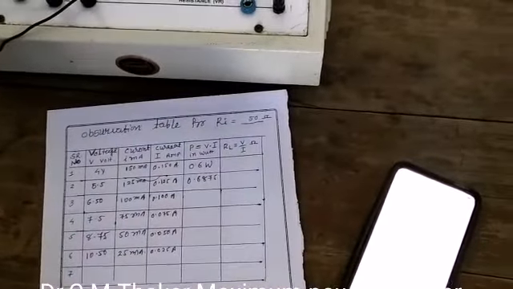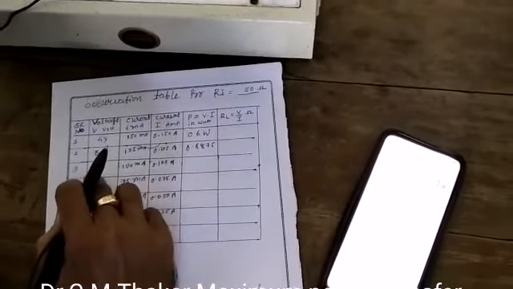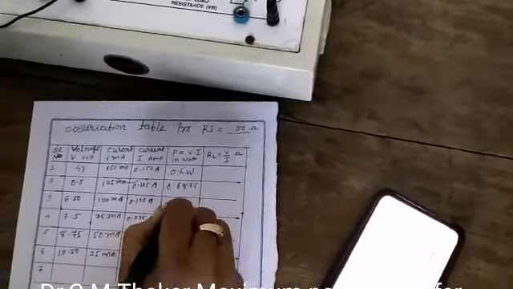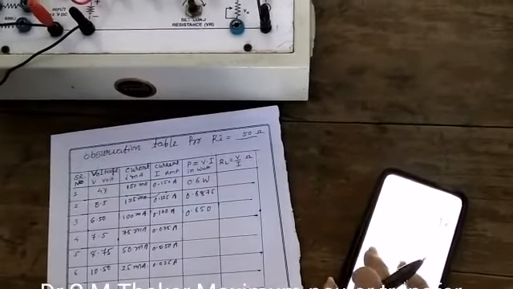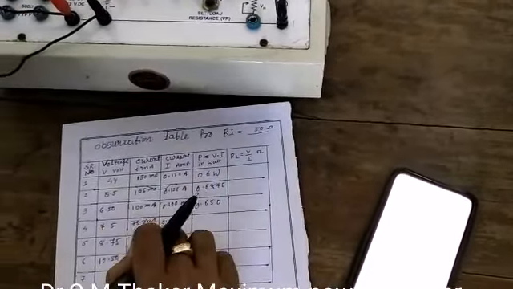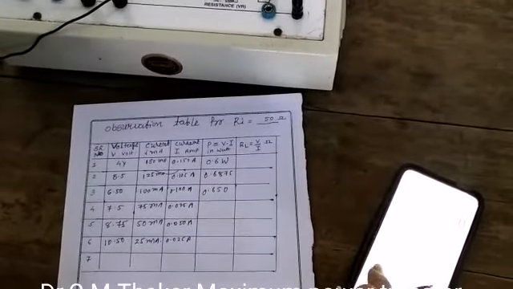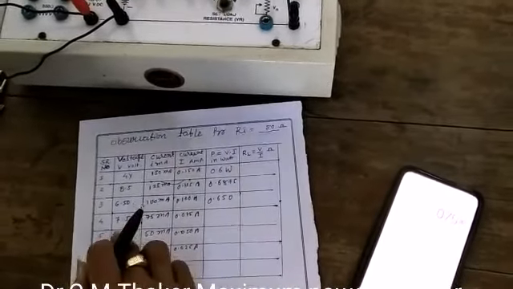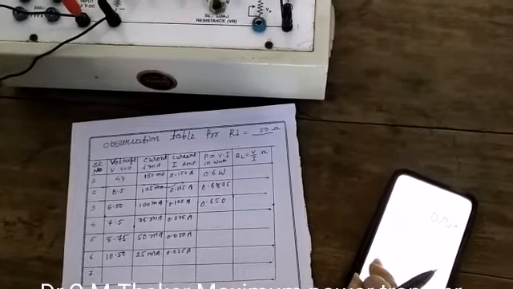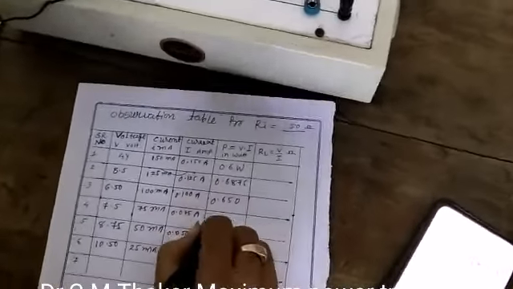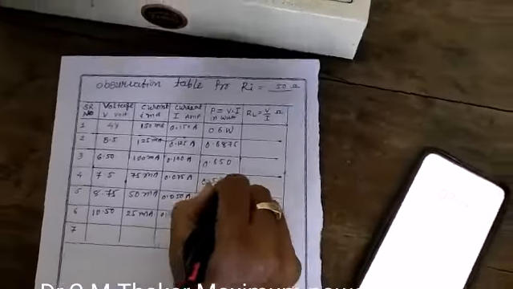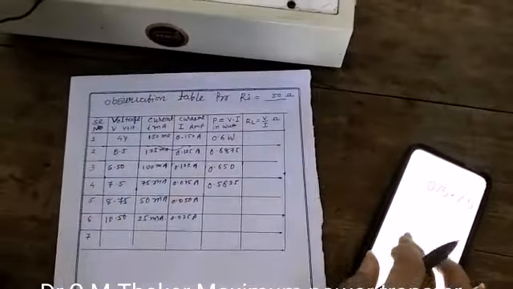Now 0.1 multiplied by 6.50 is 0.650, right? Now 0.075 multiplied by 7.5 will be 0.5625.